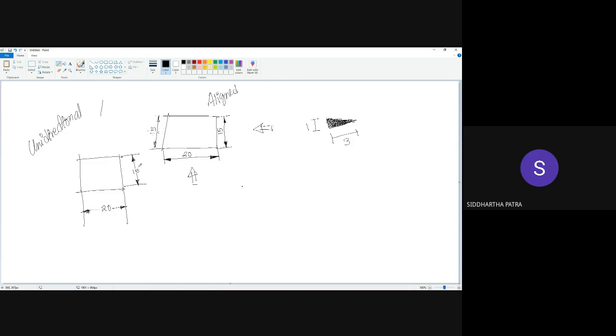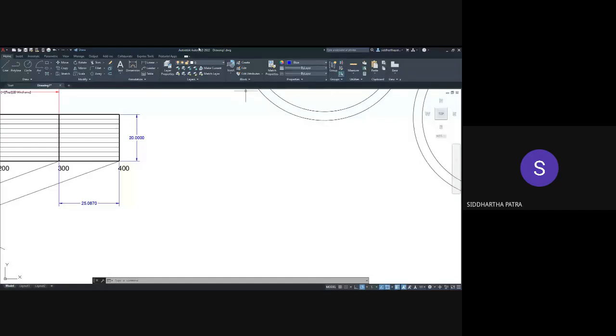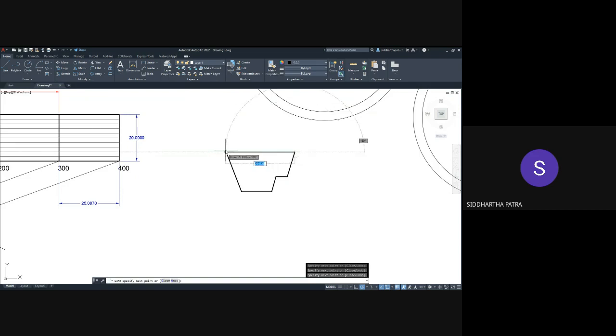There are a few other things for which probably the AutoCAD window would be better. Imagine there is something like this, and you are putting a dimension. So this is some view of an object.